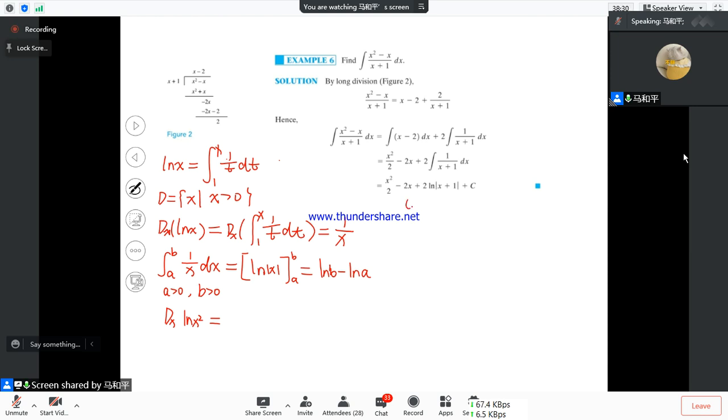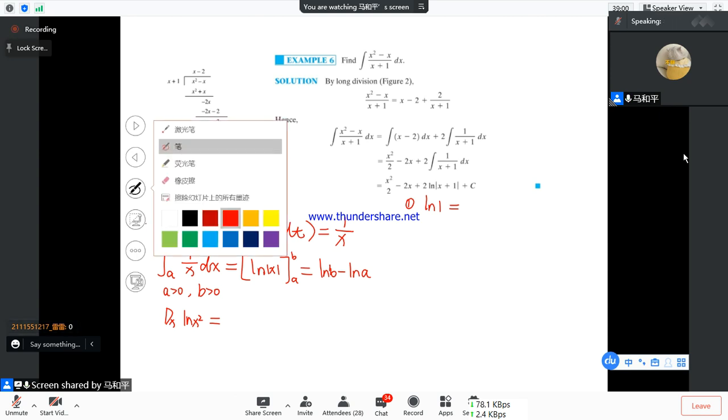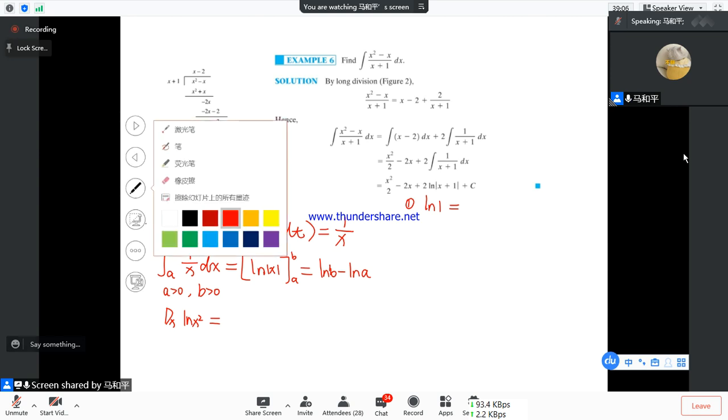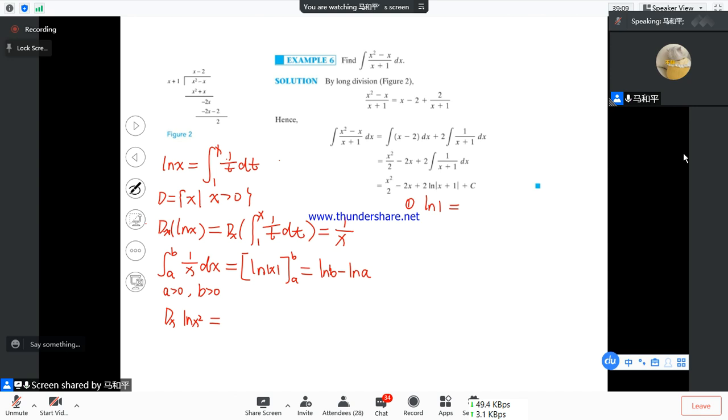The first property: ln 1 is equal to, please tell me, ln 1 is 0, right? ln 1 is 0.